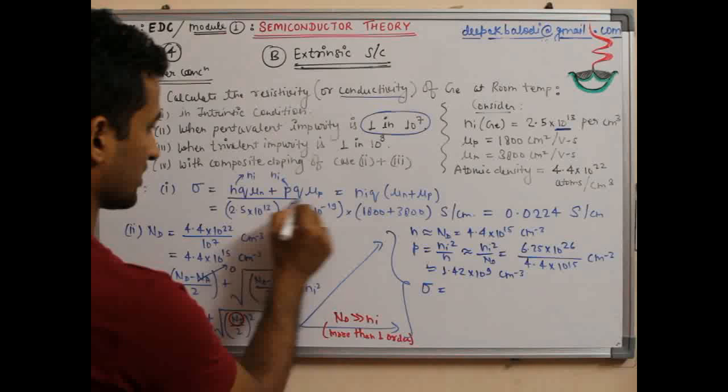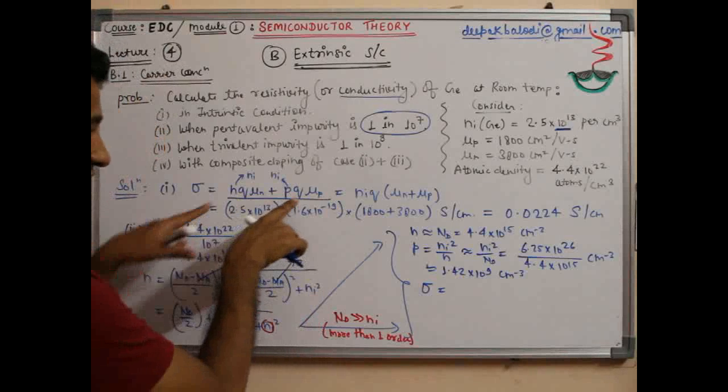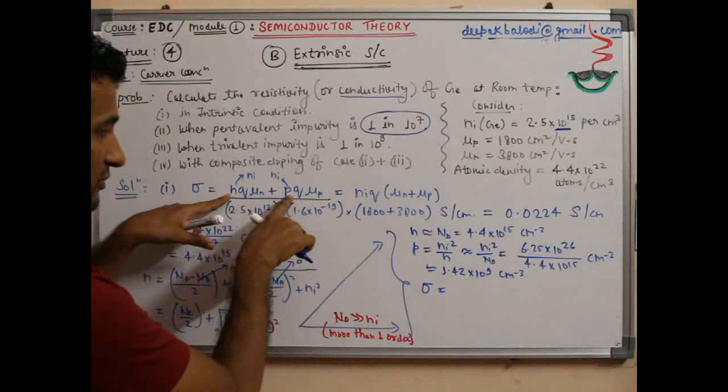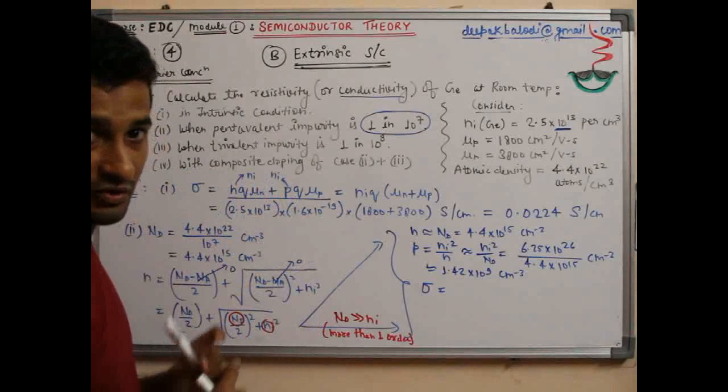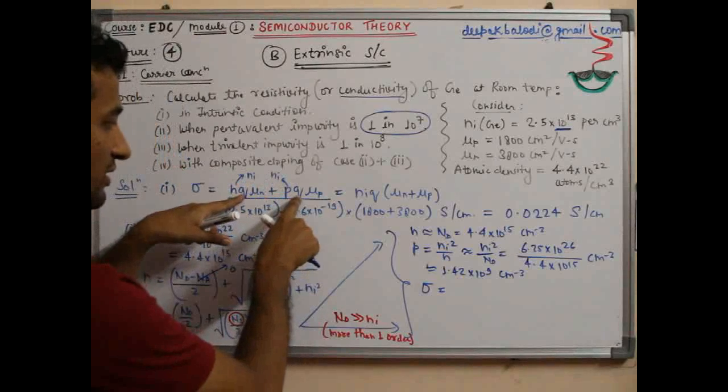So we'll again start with this concept. When we start, this time P and N concentrations are not the same as Ni, so they are separate values, so we can only take q common.